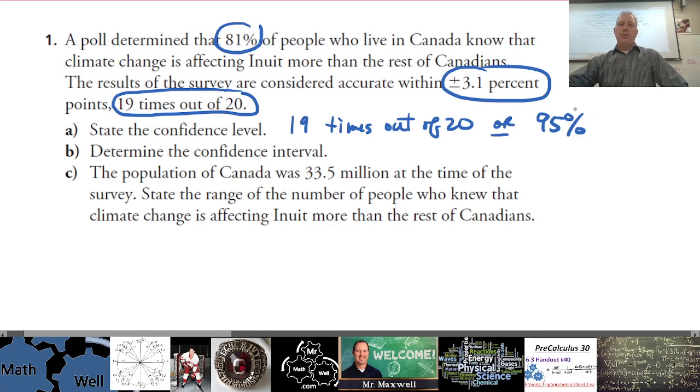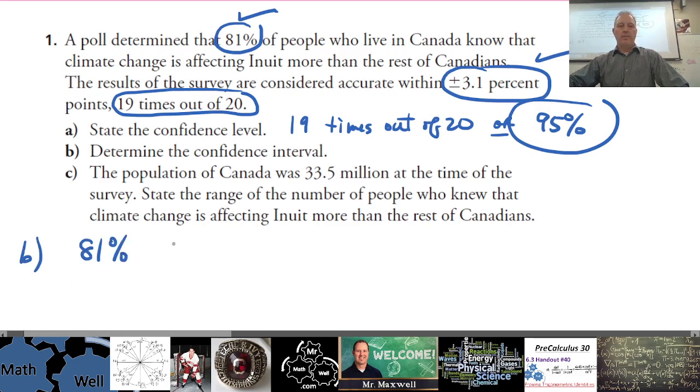All right, so either one of those, and usually the percent's fine. If they say 19 times out of 20, you could just rewrite that too. Okay? Determine the confidence interval. So the confidence interval would be this stated value plus or minus the margin of error. And you could just write that as 81% plus or minus 3.1%, which equals, now, a good idea to state the actual values for the confidence interval as well.